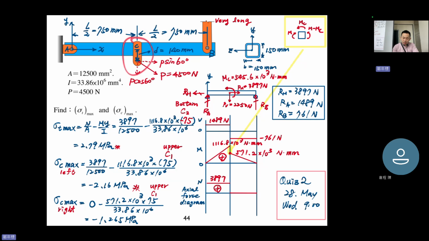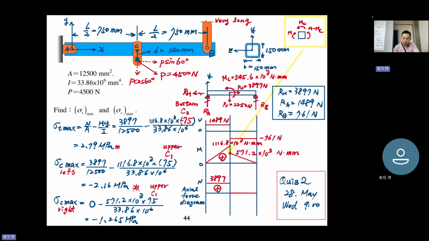Otherwise, this loading will not be equal to this one. So if you add MC, the external moment caused by this force arm, this will equal this condition.